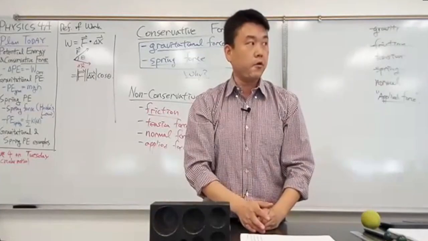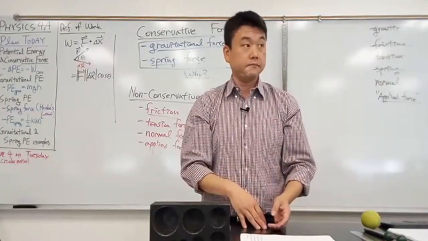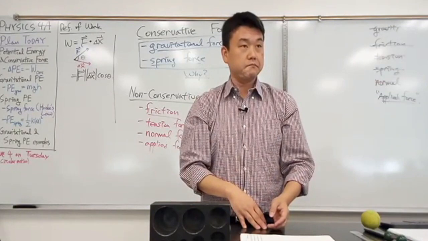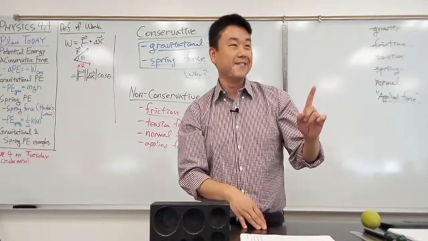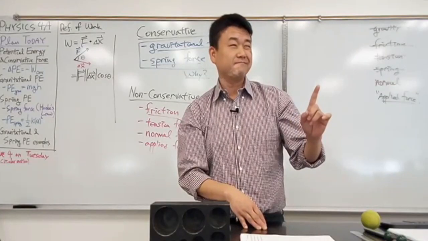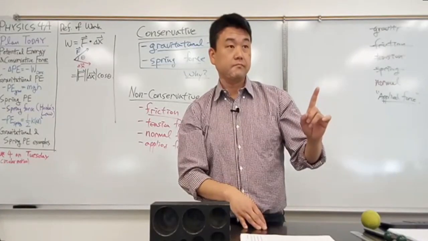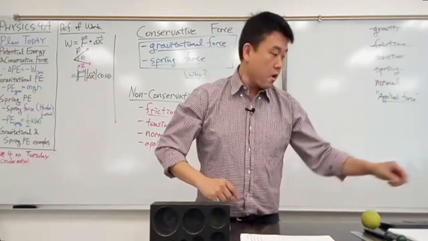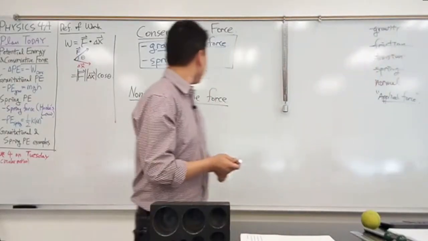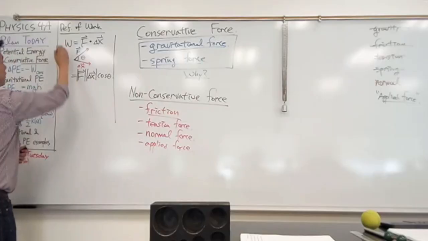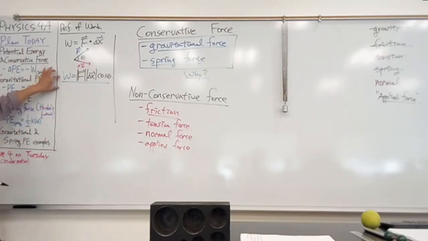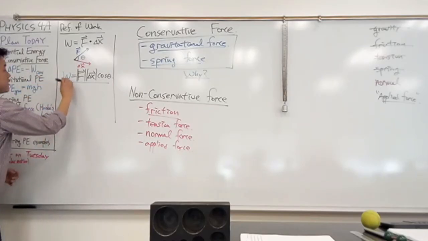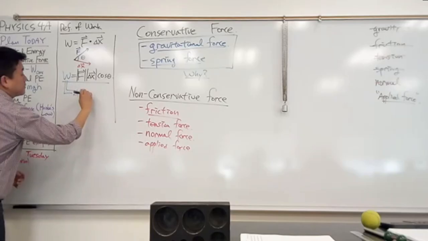What's the mechanism for that happening? The thing that we introduced on Tuesday, you had a whole lab about this. Work? Yeah, work. So we say that the friction was doing work, and recall from Tuesday that the reason work is important is it ties into change of energy.